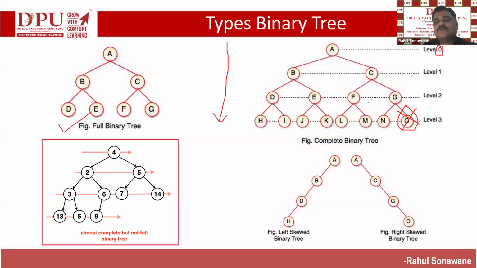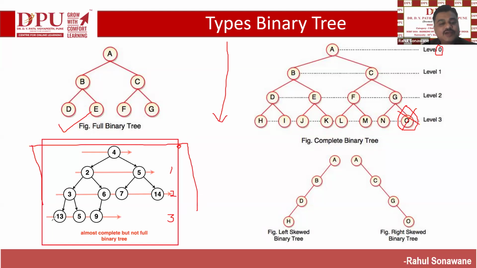Now what is an almost complete binary tree? How many levels are there? This is my 0th level, this is first, this is second, and this is third level. A tree is called an almost complete binary tree if there are n levels, then n minus 1 levels must be filled completely.